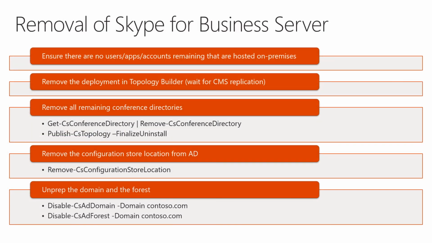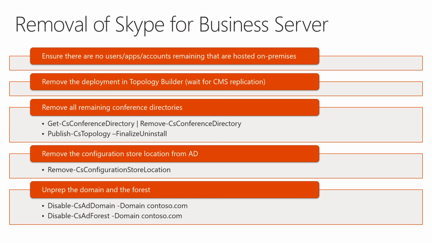Okay, now we come to the fun part. How do I remove the Skype for Business Server environment? Well, first you need to ensure that there's nothing effectively left in the on-prem environment. No more users left in the on-prem world. No more apps or service accounts or anything that's left in the on-premises Skype for Business environment.